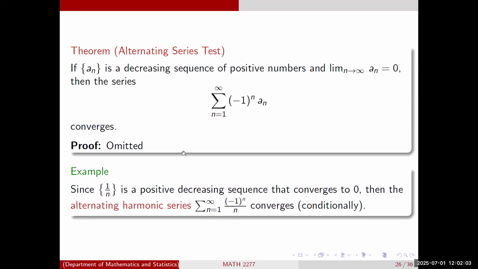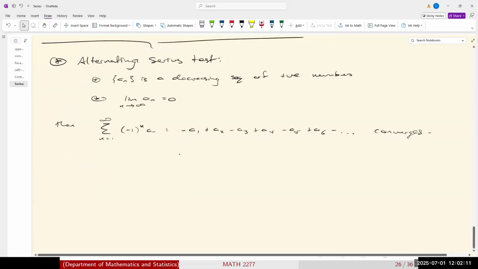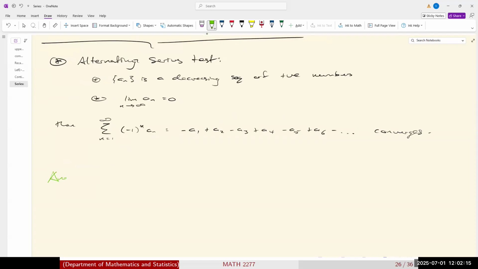And just like we have the divergent harmonic series, we also have the alternating harmonic series. This is an important series. We know what the harmonic series is: the summation of 1 over n. The alternating harmonic series is where the signs alternate.